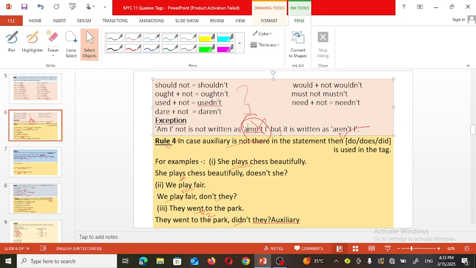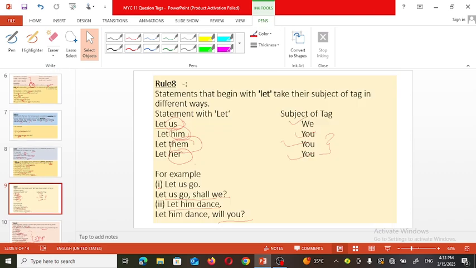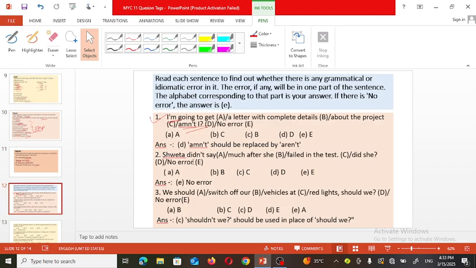So where is the error? The error is in the D part of the sentence. So the answer is D. Instead of "amn't", it should be replaced by "aren't".